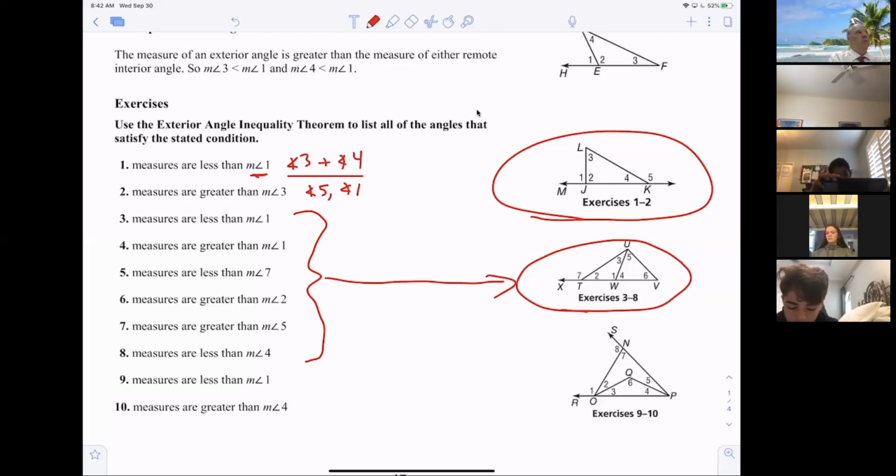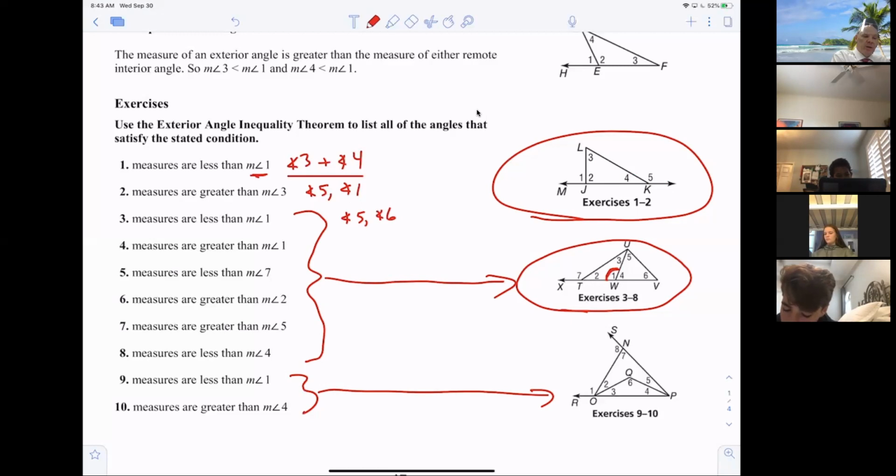All right, is everybody good? All right, and then 9 and 10, just to make sure. So here we go. Measures that are less than angle 1. I'm agreeing with 5 and I'm agreeing with 6. So here's angle 1.